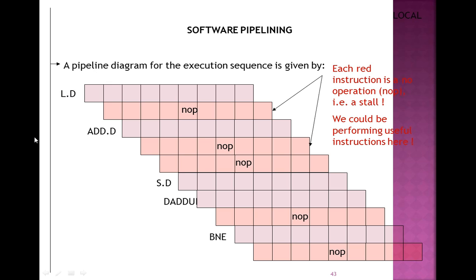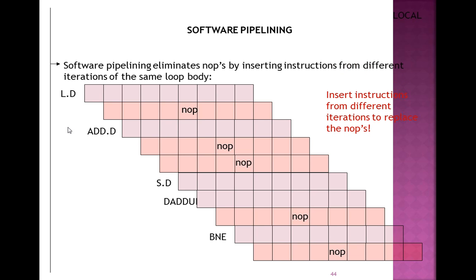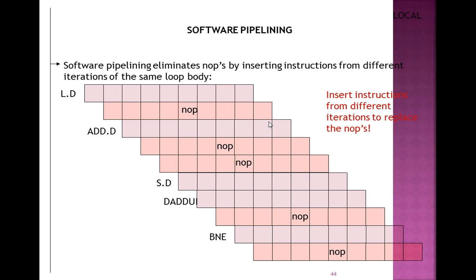There is an LD, then ADD, the addition operation, SD, then decrementing the value and branching the instruction. These red lines show the no operations. We could be performing useful instructions here.